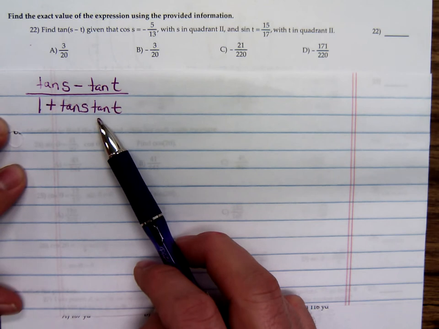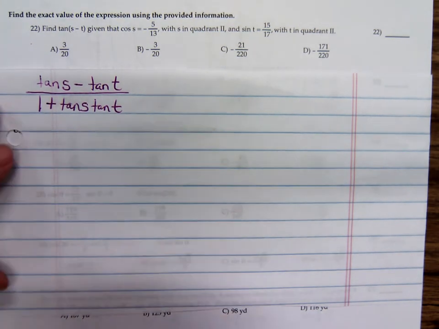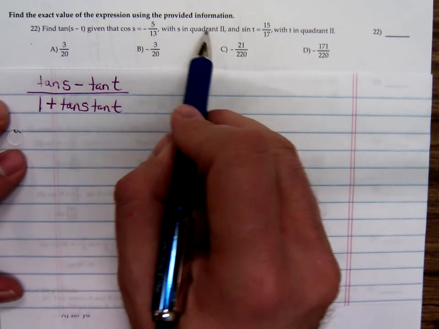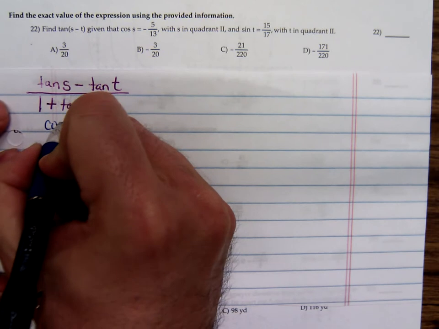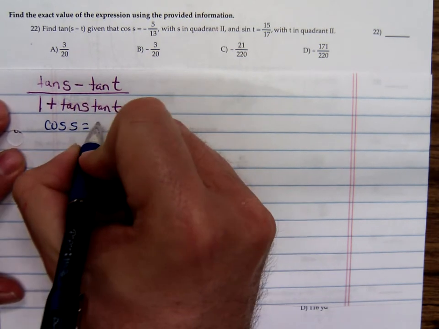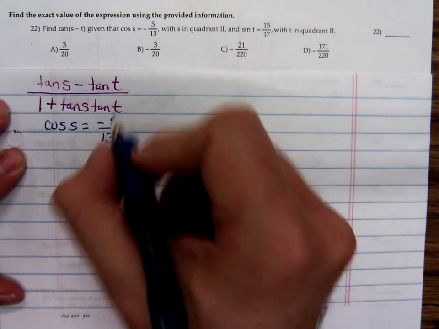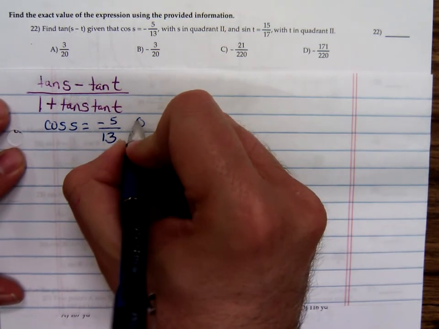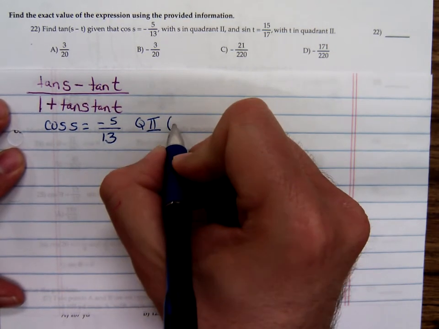So the way we do that, I'm going to write all the s information that we're given in blue. We're told cosine s is negative 5 over 13, and also s is in quadrant 2. So in quadrant 2, that means x's are negative and y's are positive.